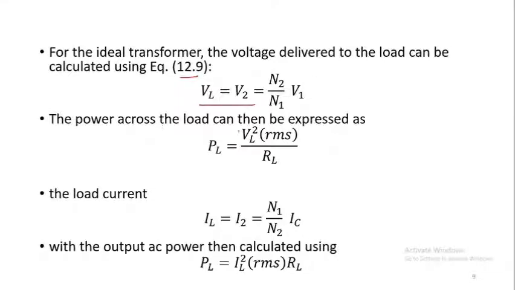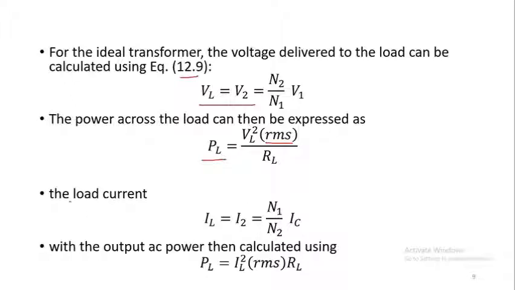And the power across the load can be expressed as वोल्टेज की फॉर्म में जब आप पावर को एक्सप्रेस करते हैं दैट इज V स्क्वायर बाय R और V की RMS वैल्यू कंसिडर करते हैं. So VL square RMS divided by RL will be the power delivered to the load.